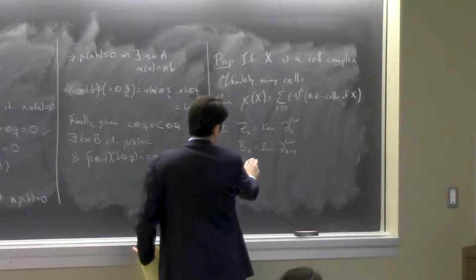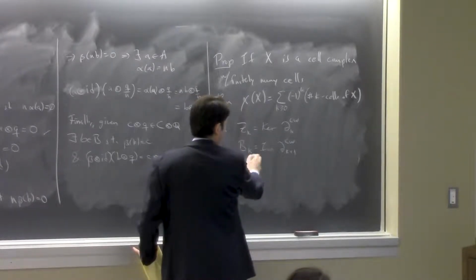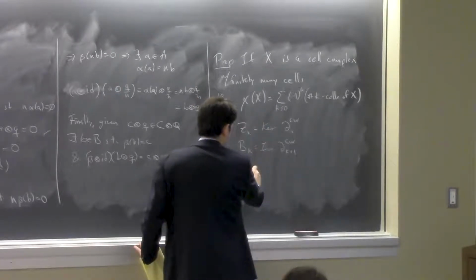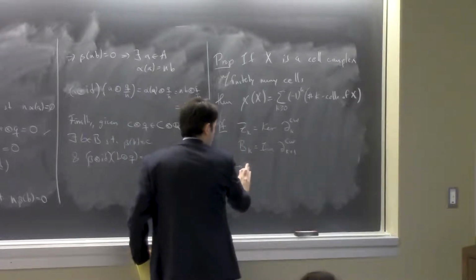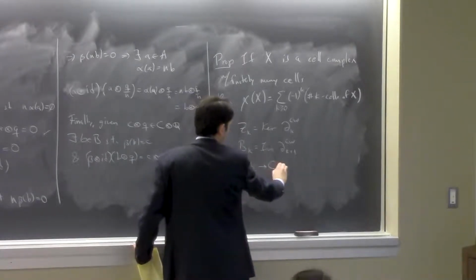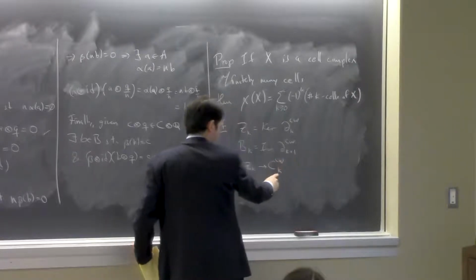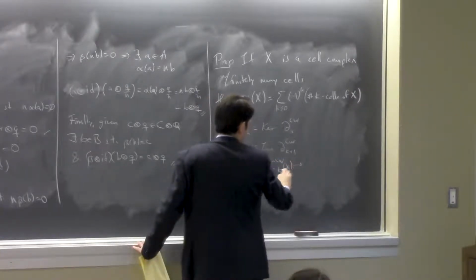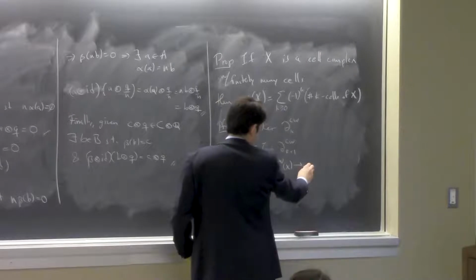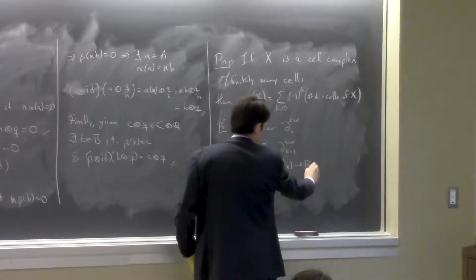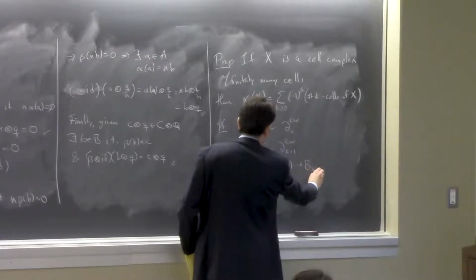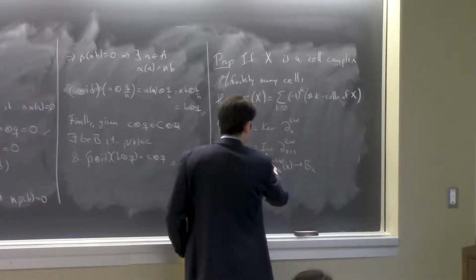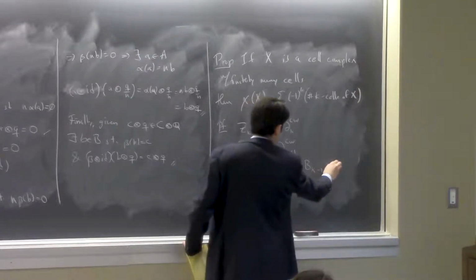On the one hand, Zk sits inside the k-th chain group, and the quotient is the image of the next one, so B(k-1).